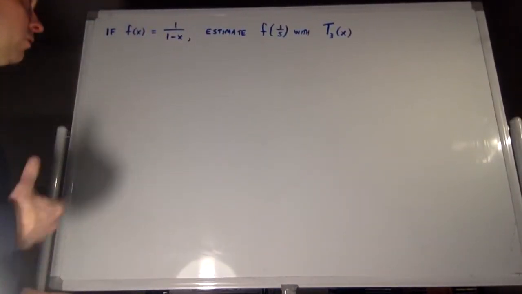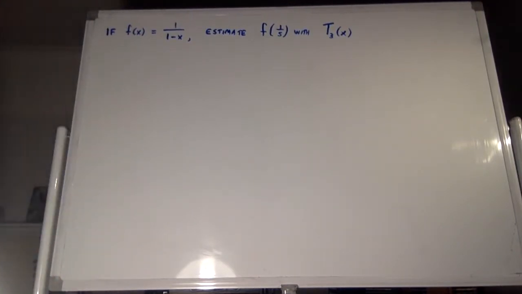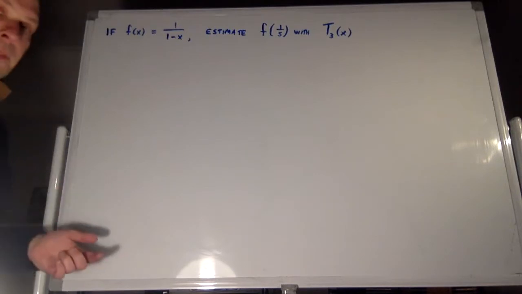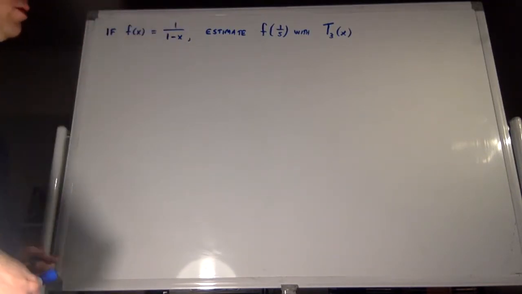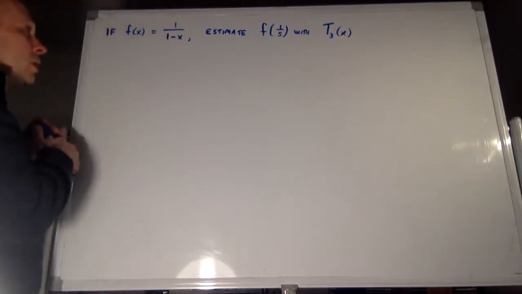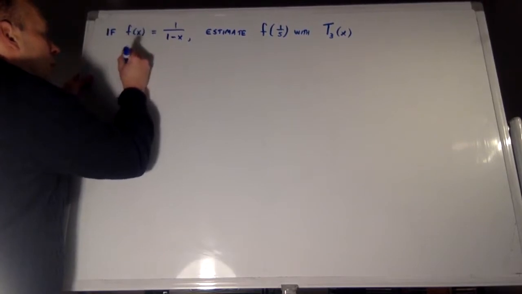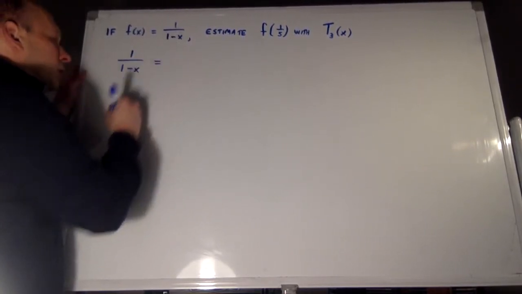First, let's start with something familiar. So we have f of x equals 1 over 1 minus x, and we want to estimate f of 1/5 with a 3rd degree Taylor polynomial. Okay, so this is one of those Maclaurin series we're supposed to know. So 1 over 1 minus x, you might remember this is the first one I think we ever looked at.